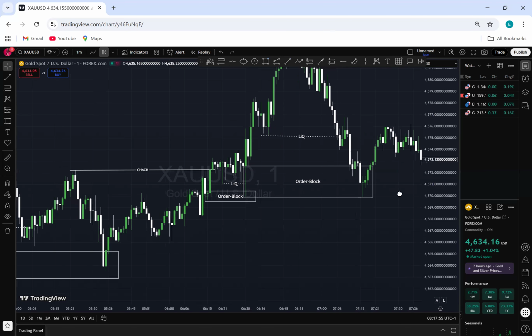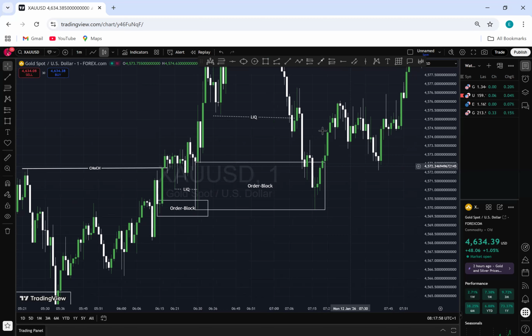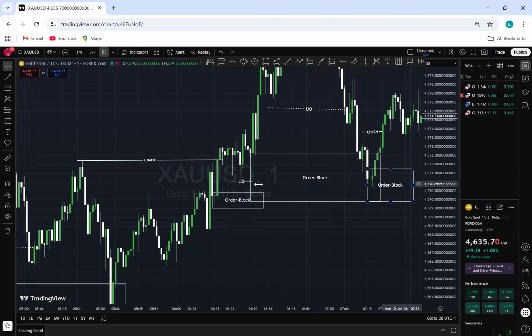So we then have this as our next change of character, and then this as our next liquidity for this order block here.